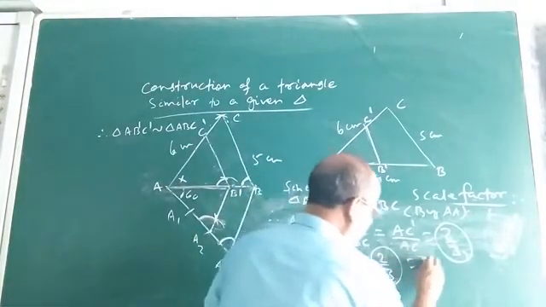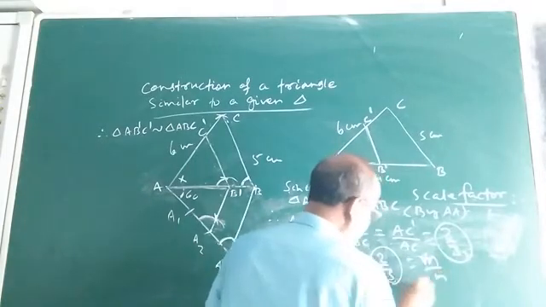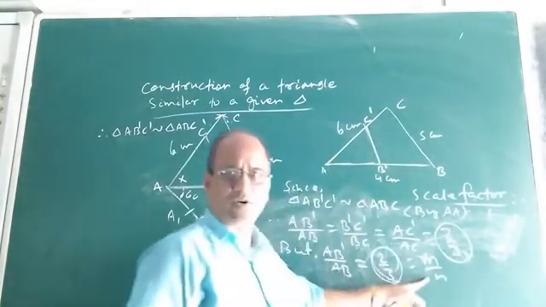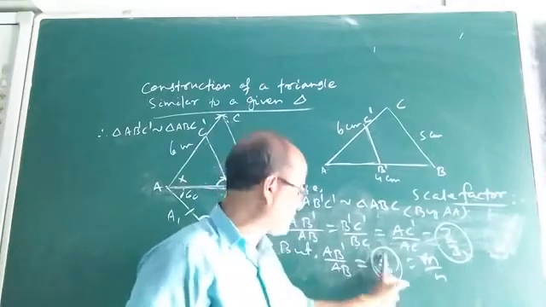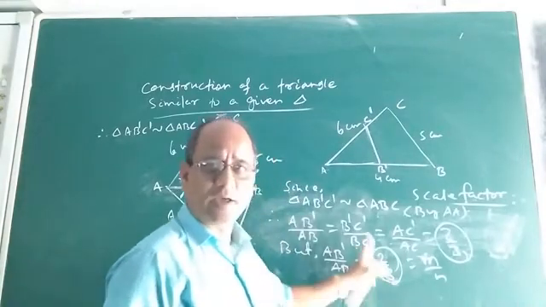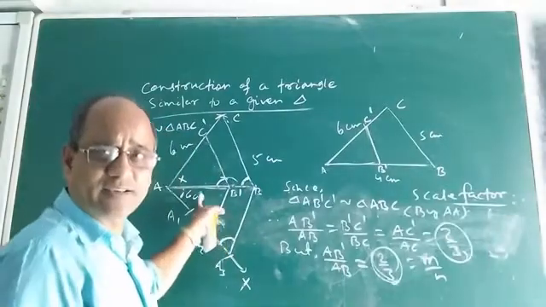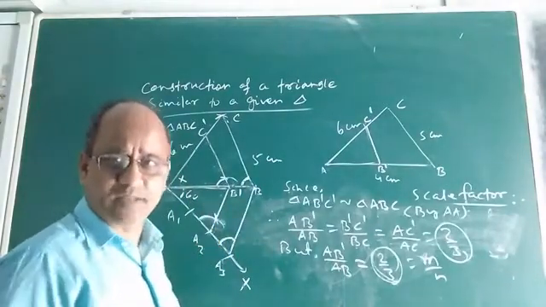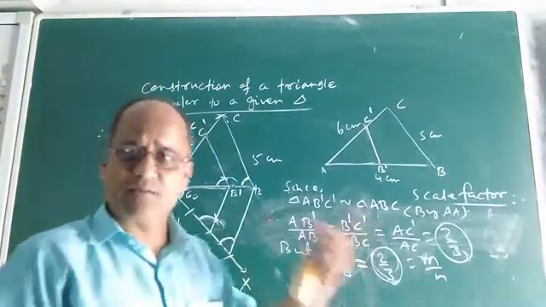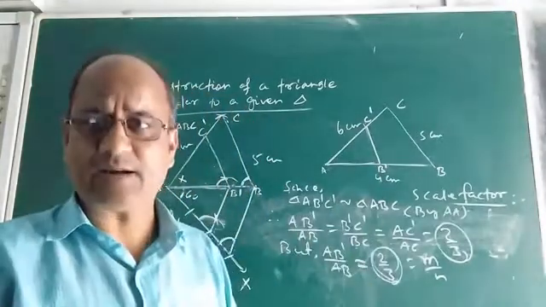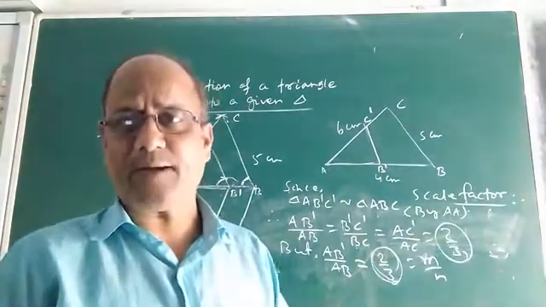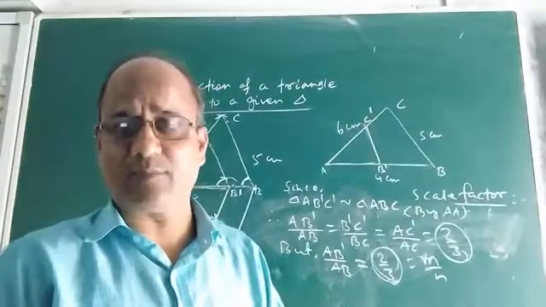Suppose this scale factor is denoted by m by n. Here m is less than n because 2 is less than 3. So when m is less than n, you will follow these steps, this algorithm, to construct a triangle similar to another given triangle with a given scale factor whose numerator is less than the denominator.